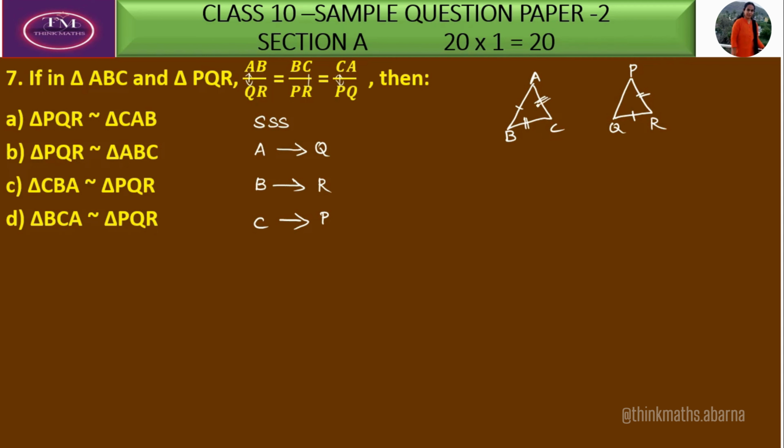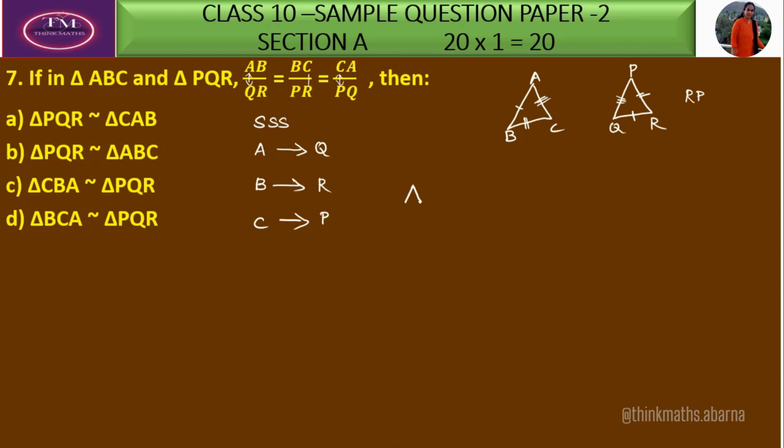CA is proportional to PQ. Then BC is proportional to PR. It means this PR can also be written as RP. PR is nothing but length, so PR can be written as RP. So P is for C and R is for B. So here R is matched for B. This is the way you have to write.